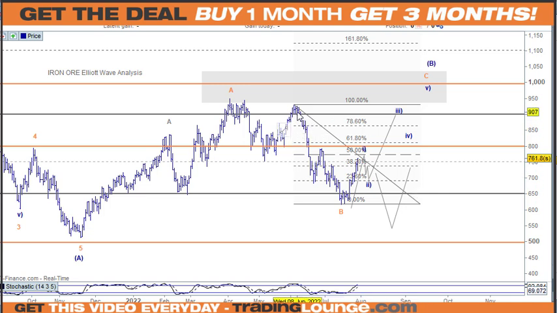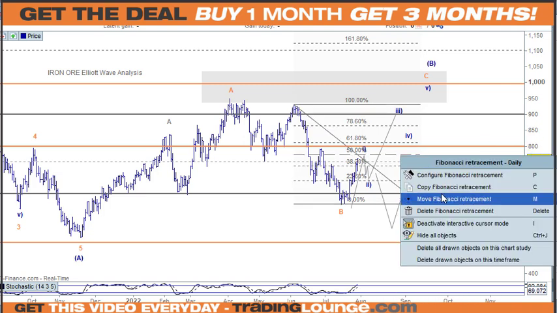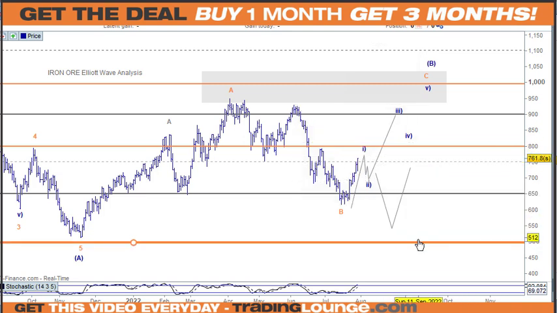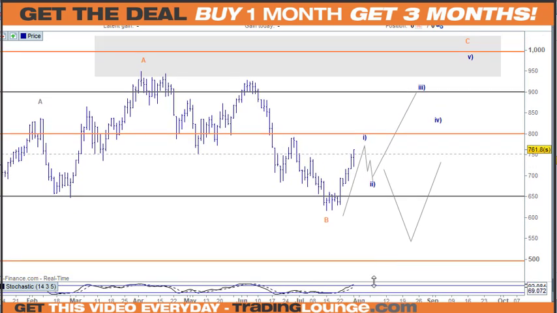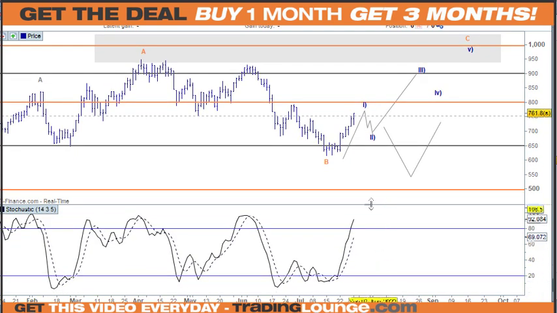From this high though to this low, the 50-60% mark is at that 800 there. So that's going to be a bit of a stopping point for that. So we want to see that top out, and then we'll see it pull back at that point. And we can see the stochastics moving up in line with that, so they're sort of peaking at the moment. So I just think we allow it to hit that.